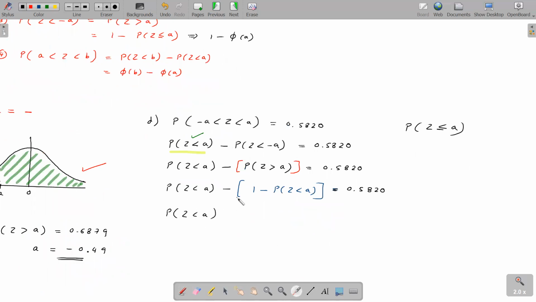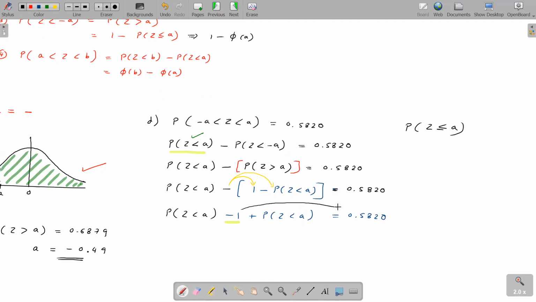Okay, now expand the bracket. When you're expanding the bracket, you're expanding with a negative sign. Minus into 1 is minus 1. Minus into minus is a plus, so plus probability Z less than A. Are you with me? Okay, and then, guys, this minus 1, let's bring it to the other side.